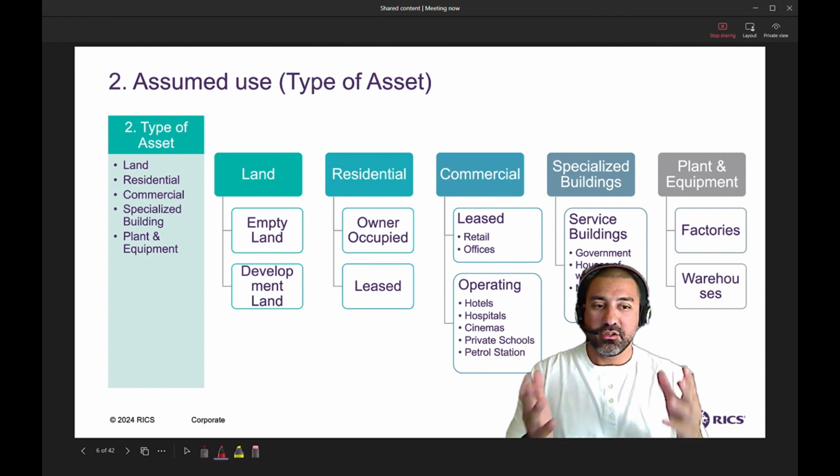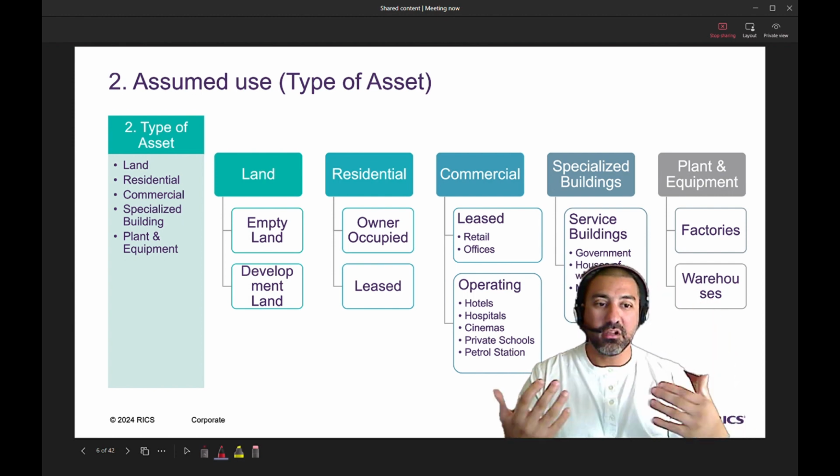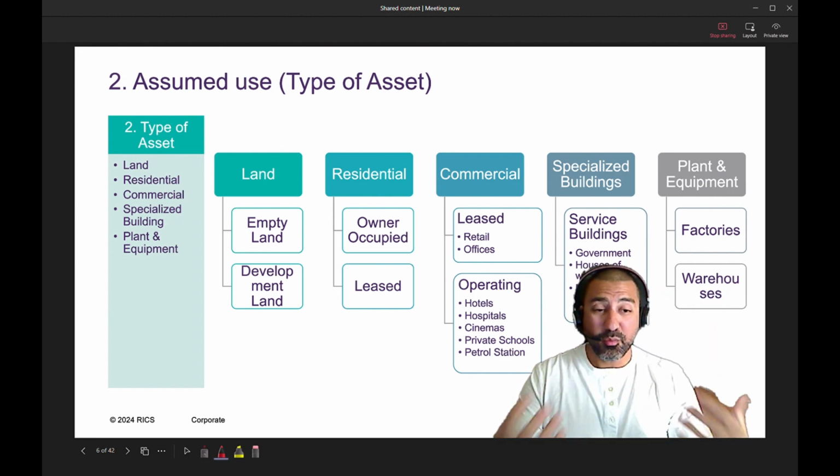In which case you could use the investment method. But if it's an operating commercial property like hotels, hospitals, cinemas, private schools, petrol stations, then the top figure is most likely not your rents. It's actually the operating revenue of that facility.